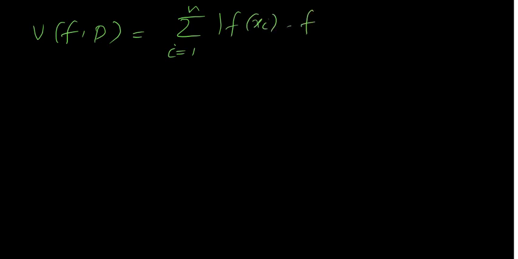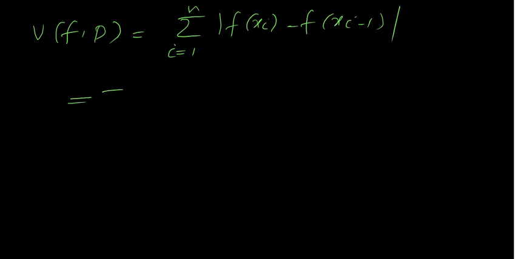Then we have the variation of f over P, which is equal to the summation i runs from 1 to n of mod of f of xi minus f of xi minus 1. Now I will write this f is equal to g minus h.